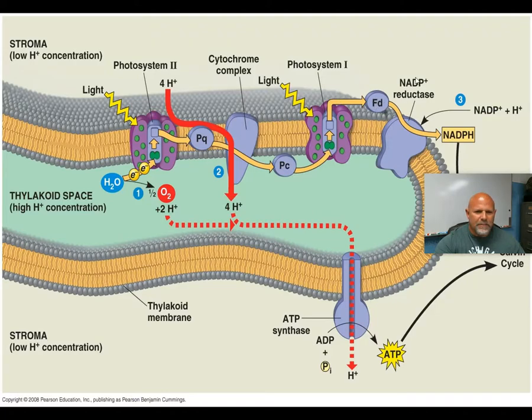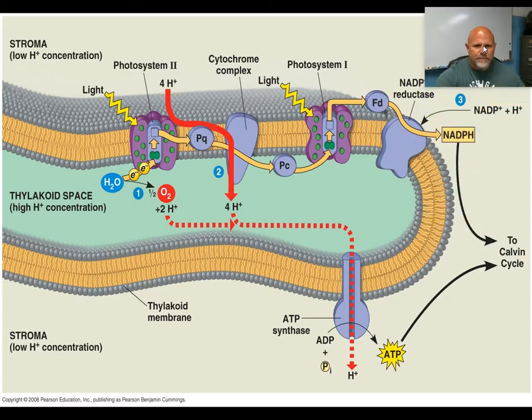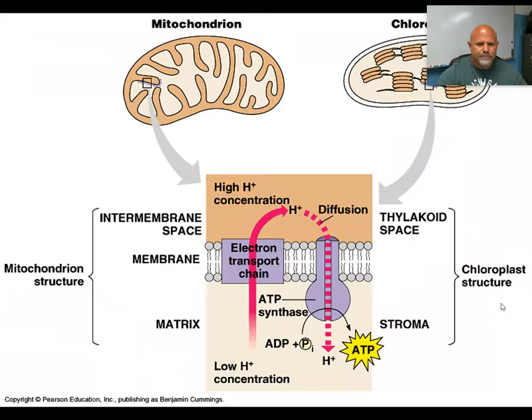And NADP enters and leaves as NADPH. So it's been reduced because it gained electrons and it gained a hydrogen. Okay, so we end up with NADPH there. And both NADPH and ATP are going to be used in the Calvin cycle to help produce sugar. And we'll get to that later on.